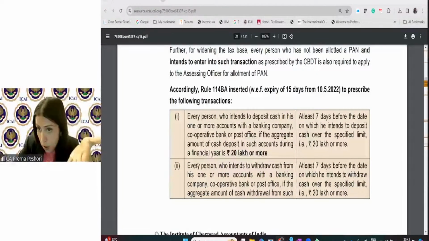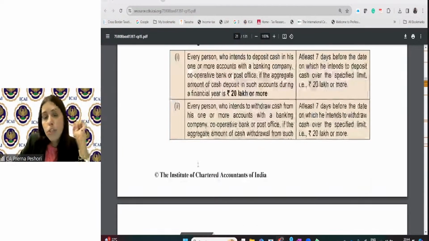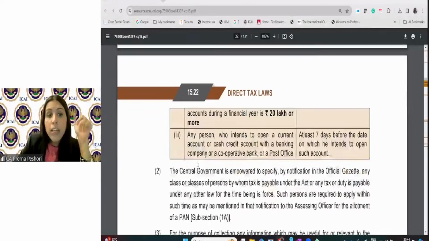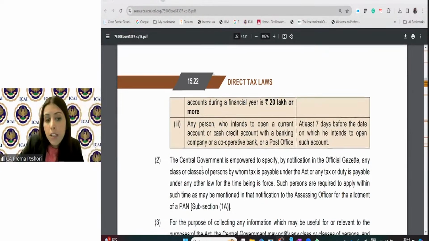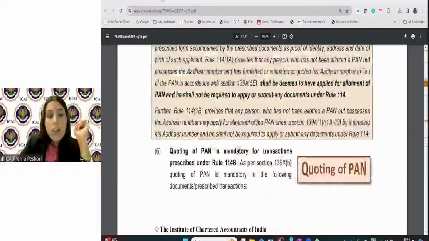So if you want to deposit more than 20 lakh in cash or withdraw more than 20 lakhs in cash, before 7 days of deposit or withdrawal, you need to obtain the PAN. Or any person who intends to open a current account or cash credit account with any bank also needs to obtain the PAN. Okay.